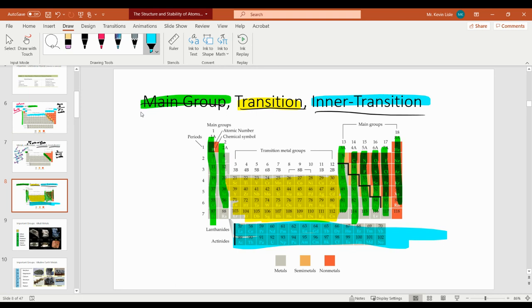If you notice where their atomic numbers start, the first one is 57 and 89. They really fit into this section of the periodic table, but the periodic table would kind of lose its nice shape if we put them in there. But if you go on Google, you can find examples of periodic tables where they're actually placed where they're supposed to be.